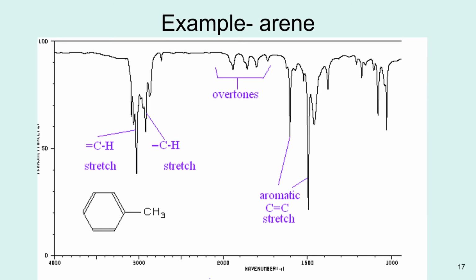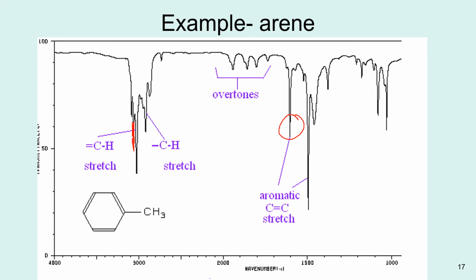Here's an example. We tend to see the C double bond stretch here just above 3000. There's also a CH3 stretch, that's the one over here, but the stretches here for the aromatic hydrogens tend to be just above 3000. And then we tend to see a stretch right here around 1600 that indicates some kind of benzene ring, and then another one here around 1500.